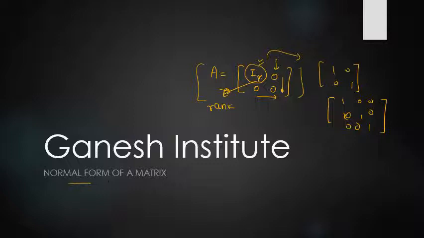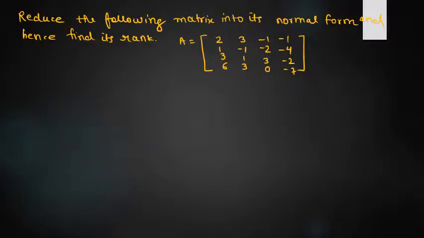So let's see with an example how we can get the normal form of a matrix, and also how we can find the rank of that particular normal form. Here in this question we have to reduce the matrix into normal form, that is, making an identity matrix and the last row and last column 0, and then we have to find its rank, that means R. Okay, so let's begin.